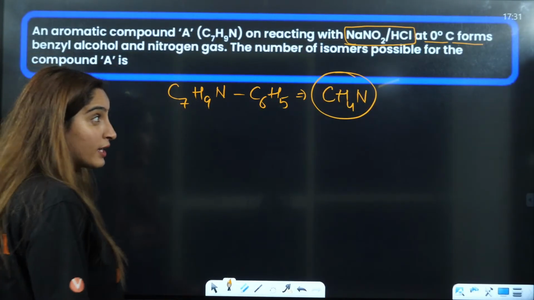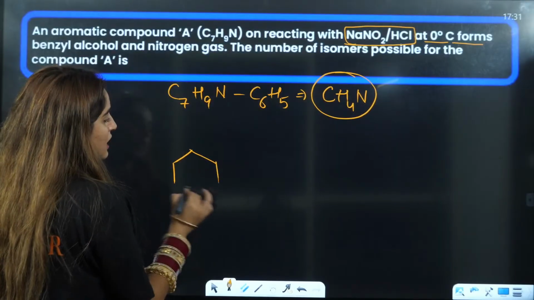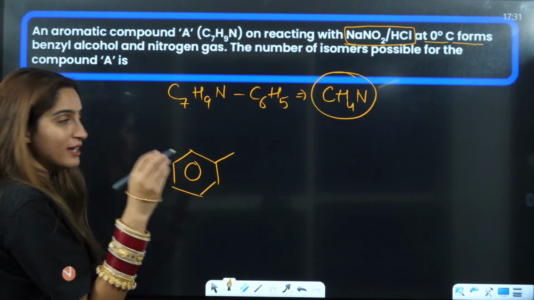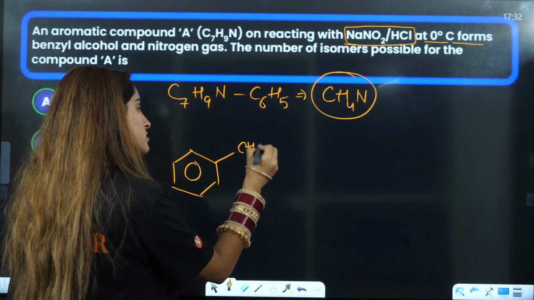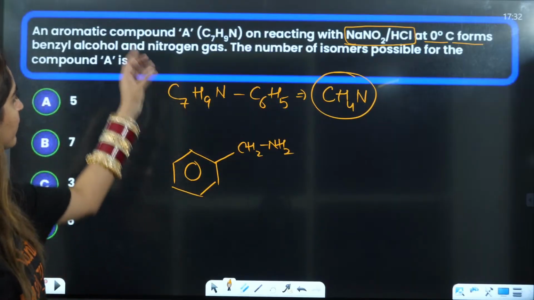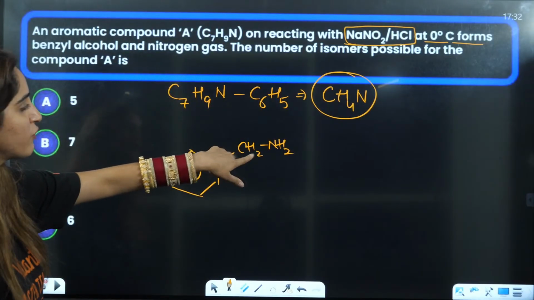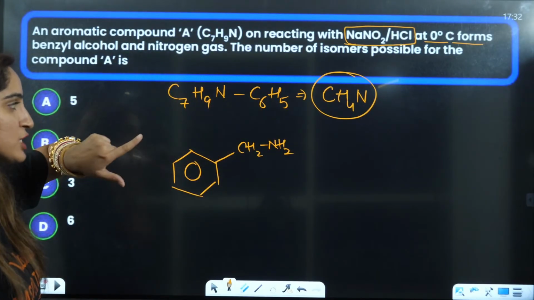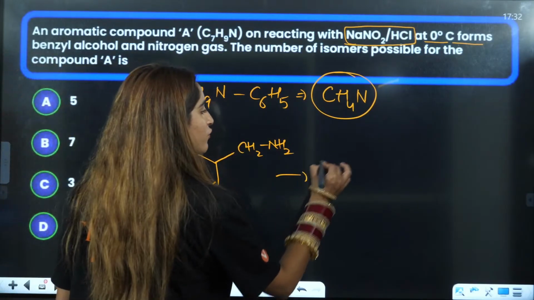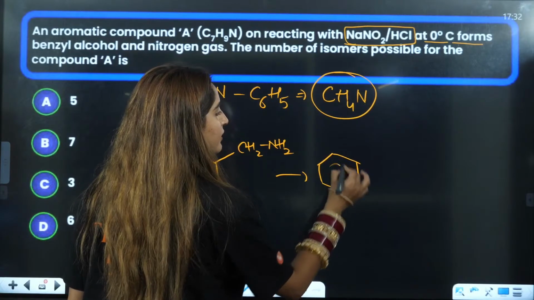So I think it can be... CH4N can only be adjusted like this, na? Now, if they are saying that this is the compound, CH4N, on reacting with NaNO2, it will give rise to something like this.